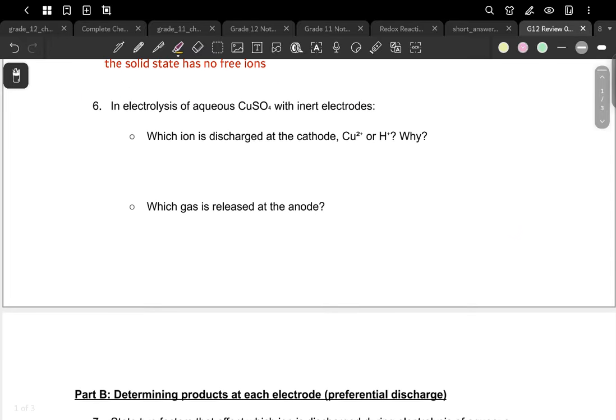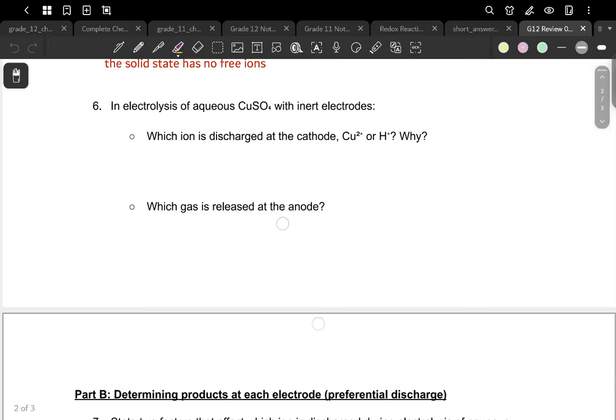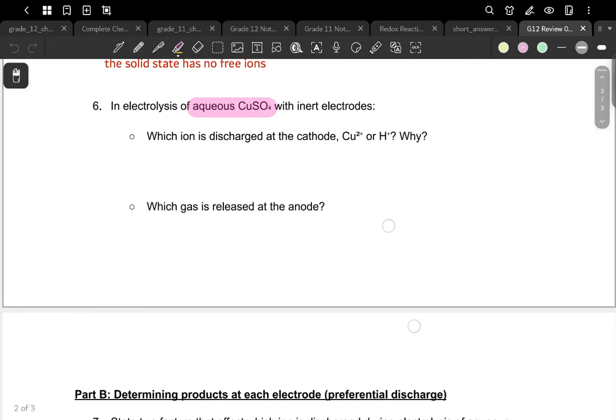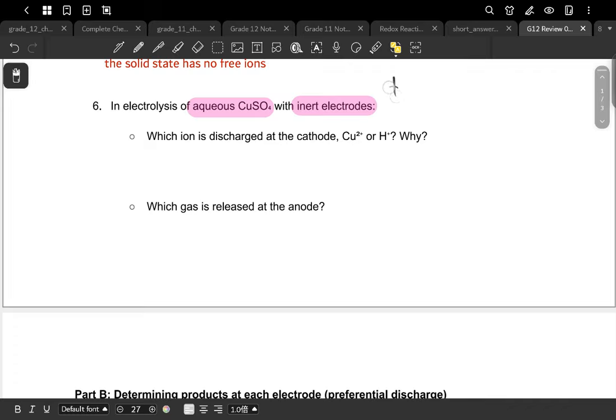Now electrolysis of aqueous copper sulfate, and this is the part that we did in the lab. The inert electrodes that we used were graphite. Inert means it's unreactive. Which ion is discharged at the cathode, copper or hydrogen, and why?